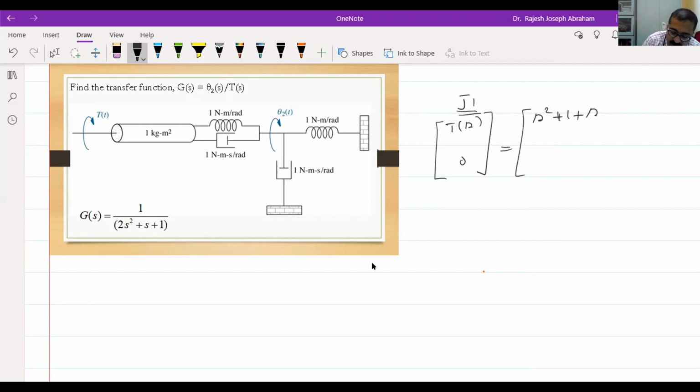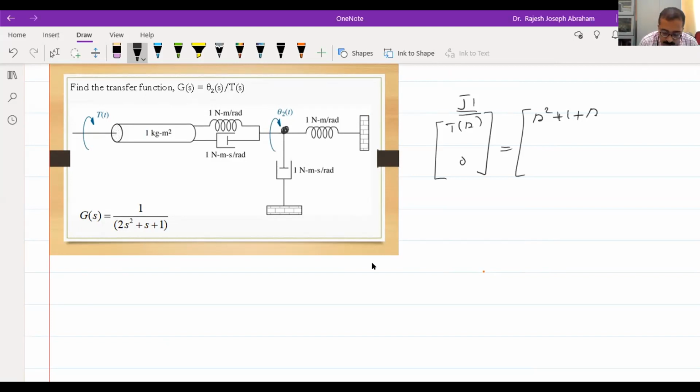Is that all? Anything else? Yes, s square plus s plus 1, right, because this is the common point corresponding to theta 2. So all the elements connected to it, including J1. So that's the applied torque T, 1, 2, 3, 4. All terms are there.